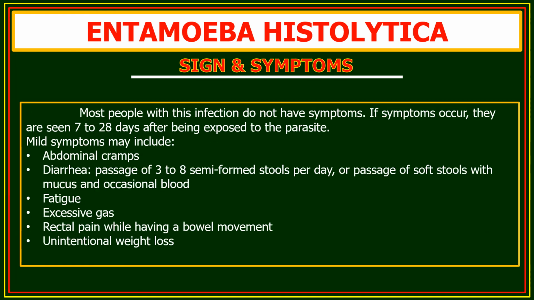Signs and symptoms include mild and severe symptoms. Mild symptoms include abdominal cramps, diarrhea with passage of 3 to 8 semi-formed stools per day or passage of loose stools with mucus and occasional blood, fatigue, excessive gas, rectal pain, and unintentional weight loss.